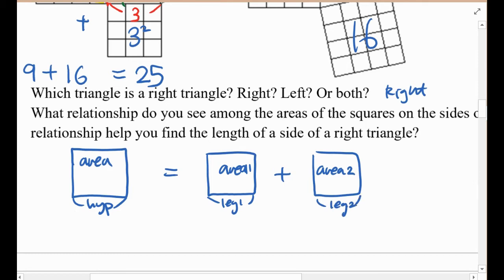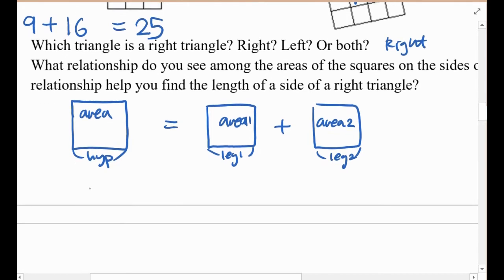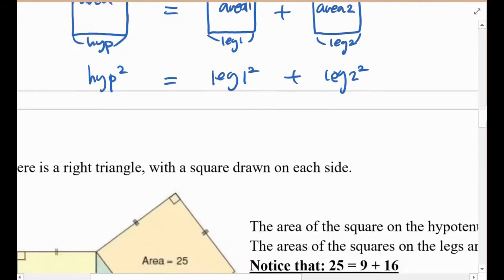Okay? Or we say hypotenuse squared is the same as leg 1 squared plus leg 2 squared. Okay, let's move on.